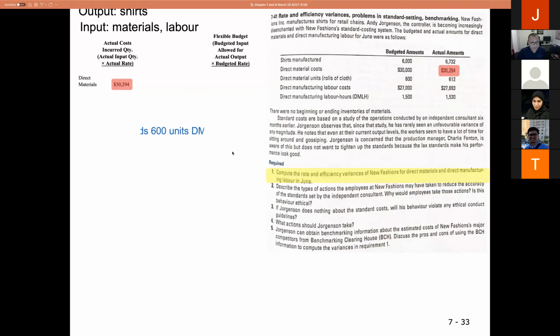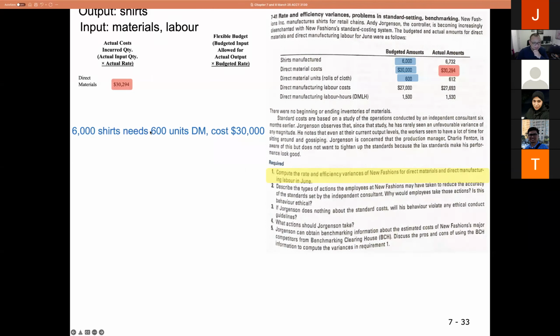So this will be my approach. With the budget information, because on the right column, you are using budget information. It will be wrong if you start looking into the actual amounts. This right column here, you use the budget information. So we know that they are thinking they are going to make 6,000 shirts, and they are going to need 600 rolls of cloth, and it's going to cost them 30,000.